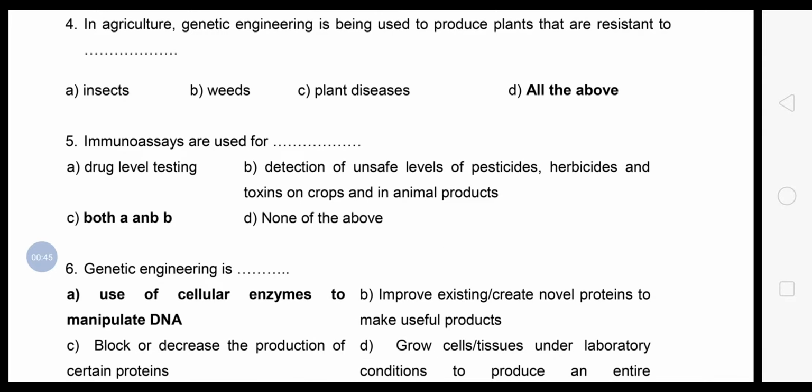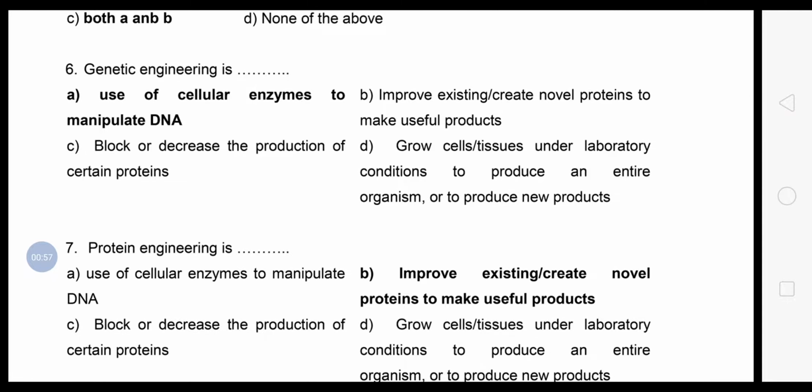Immunoassays are used for drug level testing, detection of unsafe levels of pesticides, herbicides, and toxins on crops and in animal products. Genetic engineering is use of cellular enzymes to manipulate DNA, then improve existing or creating novel proteins to make useful products, then block or increase the production of certain proteins, then grow cells or tissues under laboratory conditions to produce an entire organism or to produce new products.